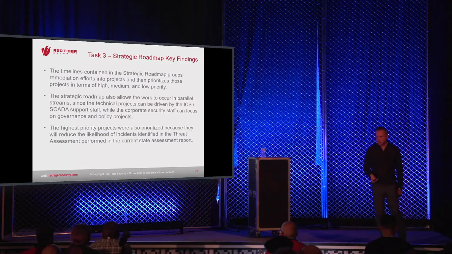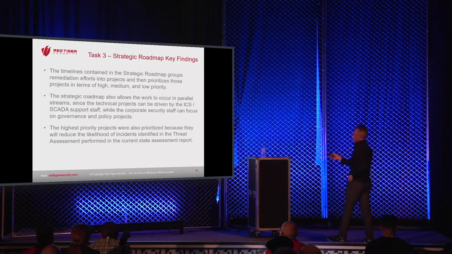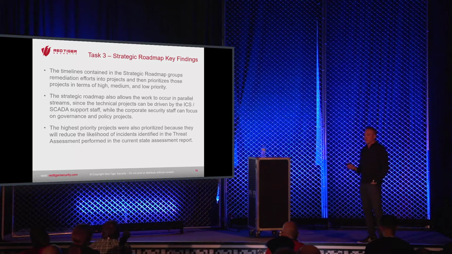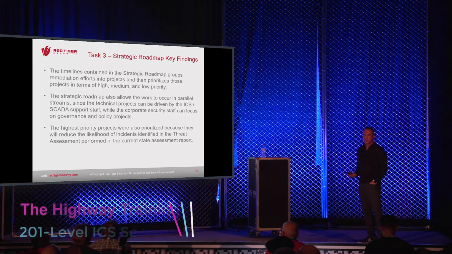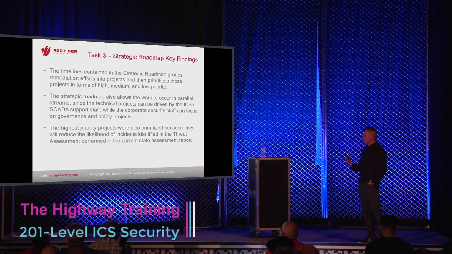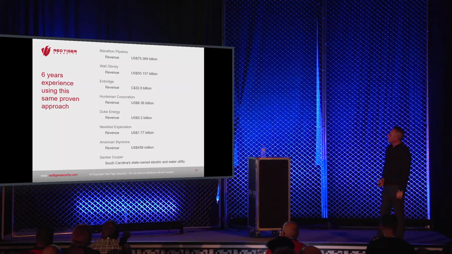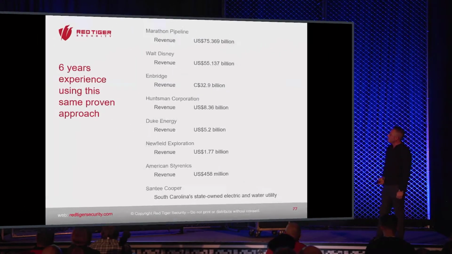And so some of the key findings of doing this is that it resonates well with management, because when you ask for a budget to fix things, now you have a very thought-through methodology for doing it, where the high, medium, and low risk can be mapped into a strategic plan. These are some of the customers that we use this approach for.